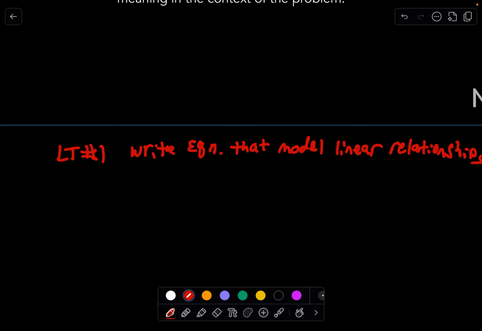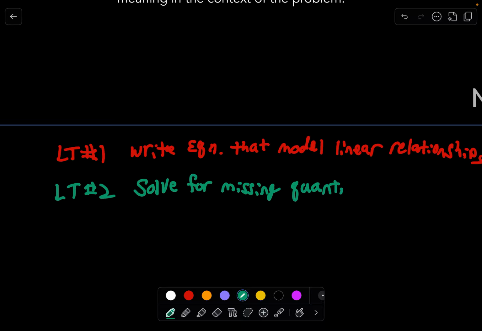Okay. Learning target number 2, I'm going to use a different color just to make it multicolored. Learning target number 2 is solve for missing quantities of a linear relationship.